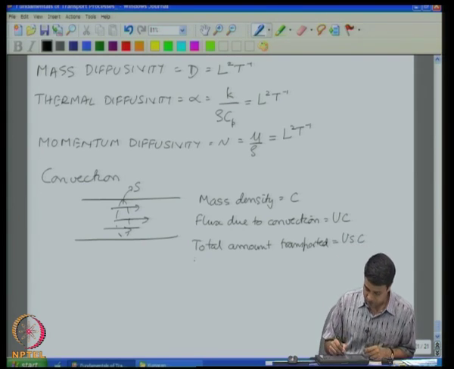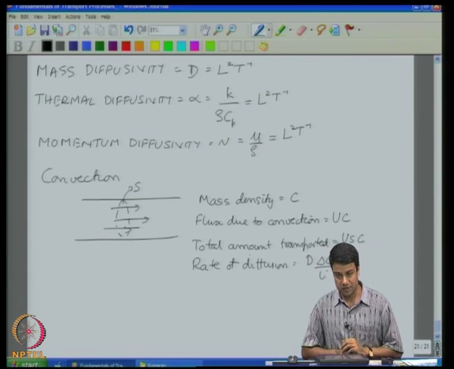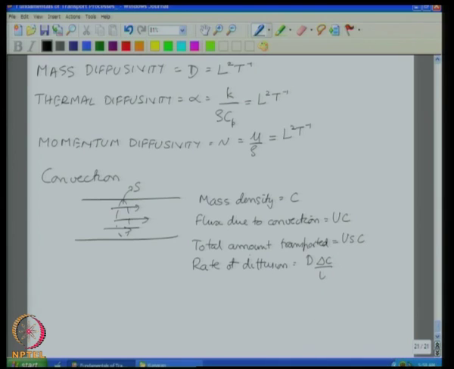The rate of diffusion is equal to D times delta C by L, where L is the characteristic distance. It is the particle diameter in the case of the flow past a sphere, it will be the tube diameter for the diffusion happening across the flow.